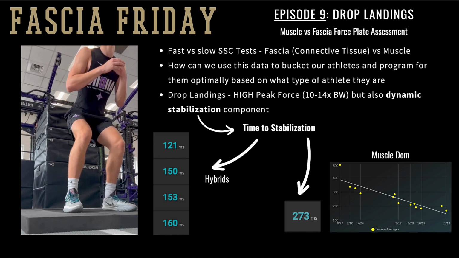Because as we know, if the tendon is overloaded and the fascia system is optimal, but the muscles aren't, that is also a cause for concern and a risk for injury.